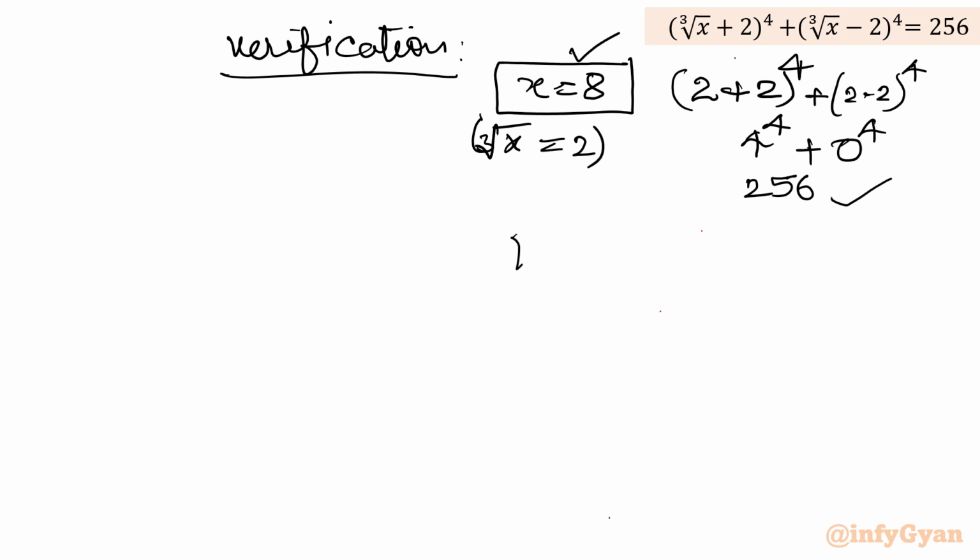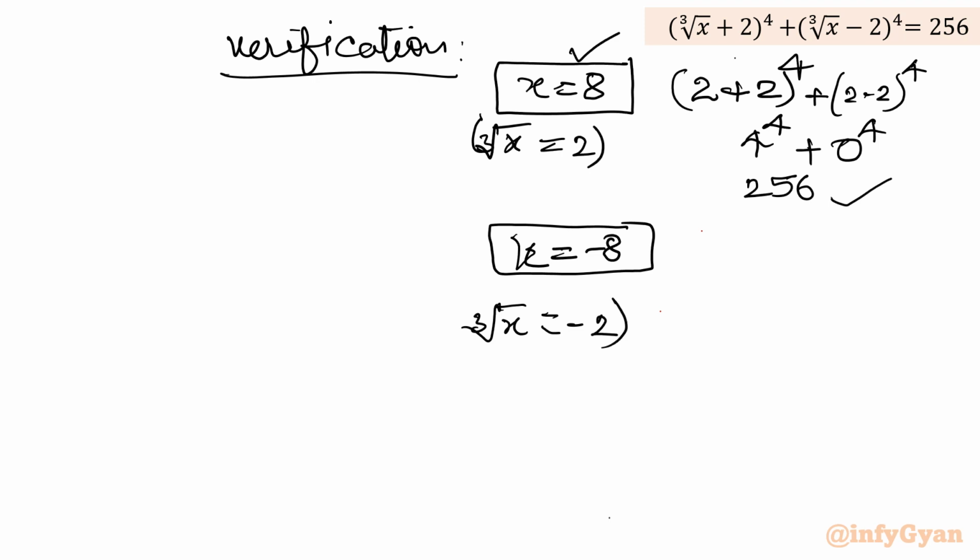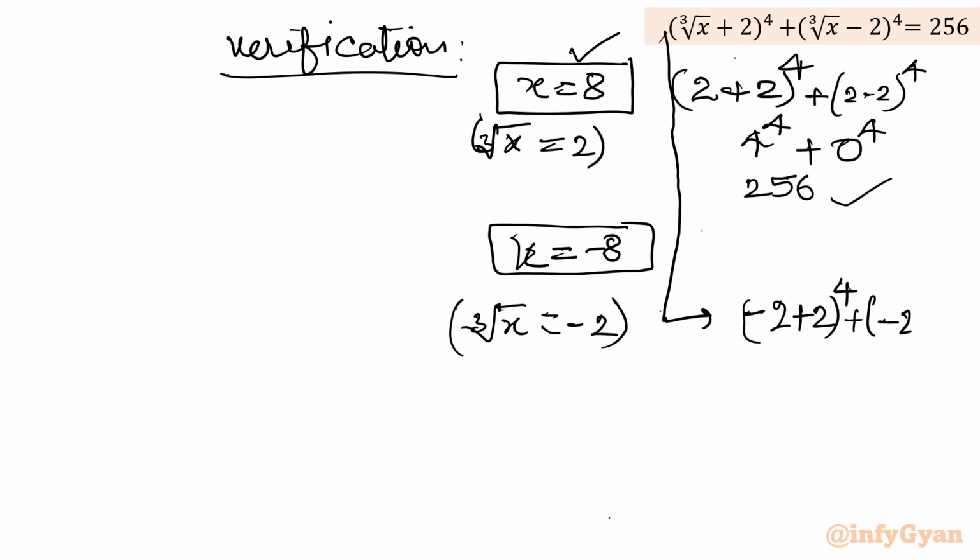Now come to the second value, x is equal to minus 8. If we are checking for x equal to minus 8, that means cube root of x is equal to minus 2 in this case. So directly we will put it here. I will get (minus 2 plus 2) whole power 4 plus (minus 2 minus 2) whole power 4.